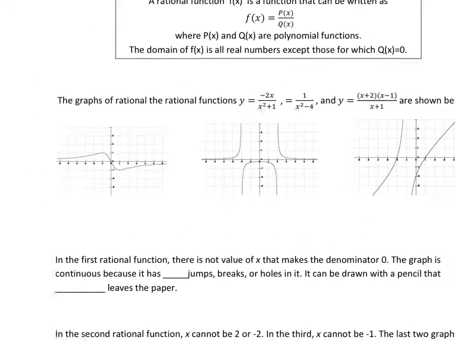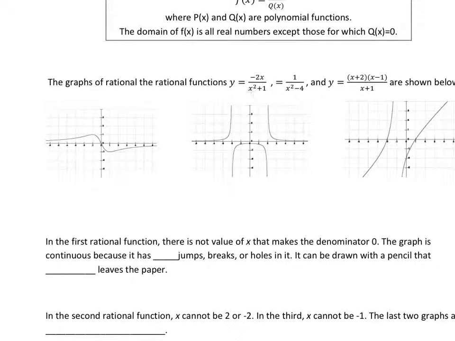That makes it continuous. Continuous is that word because it has no jumps, breaks, or holes in it. In other words, you can draw or trace the whole thing and never have to pick your pencil up.